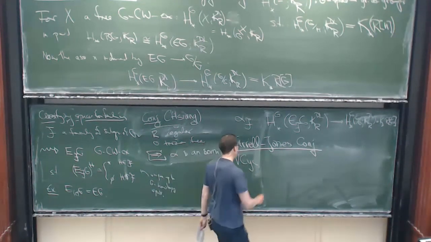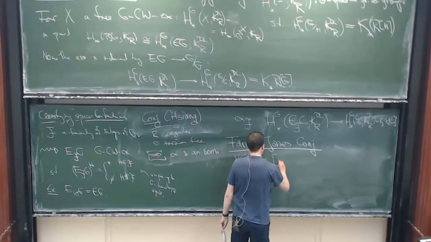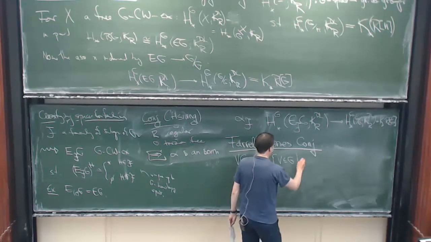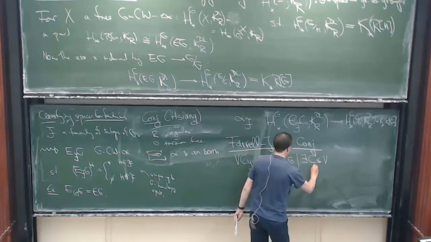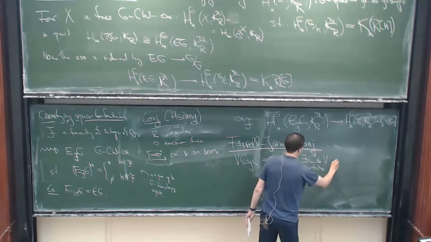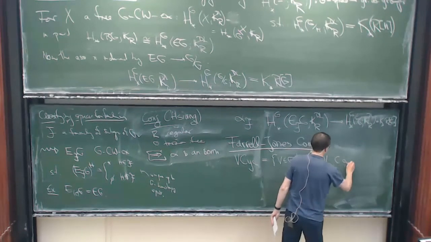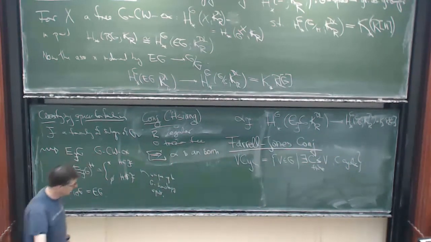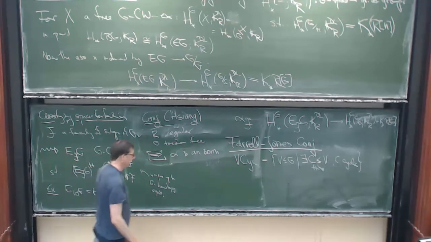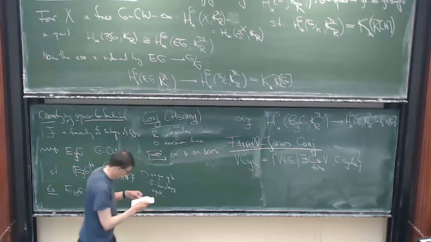Right? So a subgroup is called virtually cyclic if there is a cyclic subgroup of finite index. Okay, so this is a very natural way to throw into one family finite subgroups and the infinite cyclic subgroup.